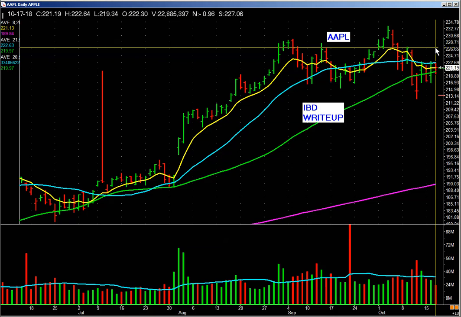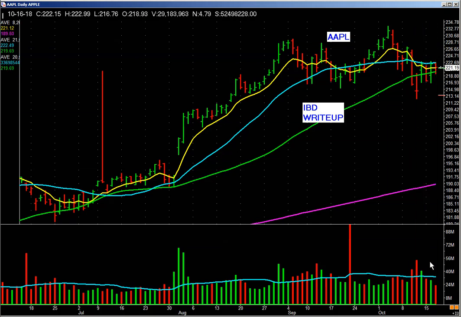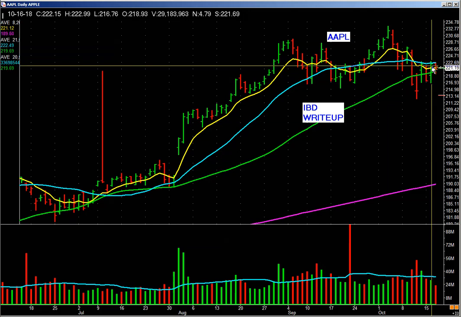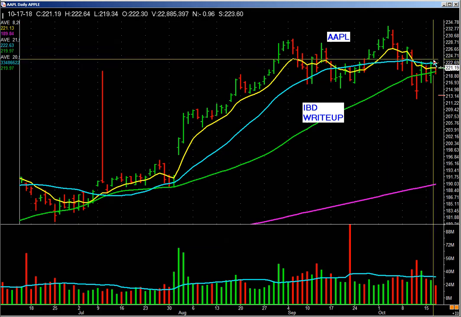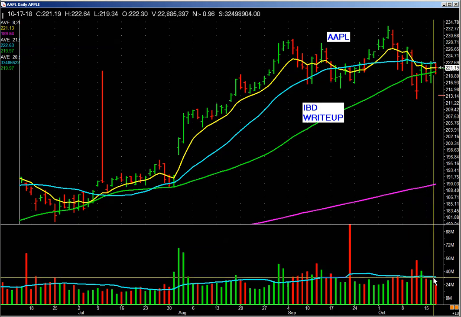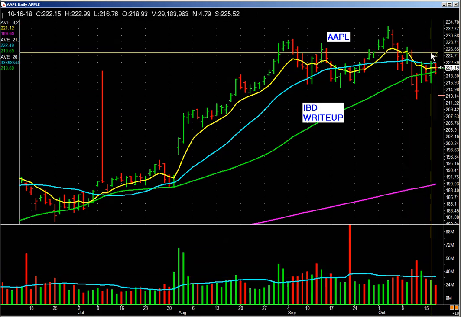We want that action to be confirmed by increasing volume. Now I know on this bar it doesn't show it, but in our example, we're going to assume that it took out the highs of this bar on this day, and it moved up on a heavier volume. That would be positive.